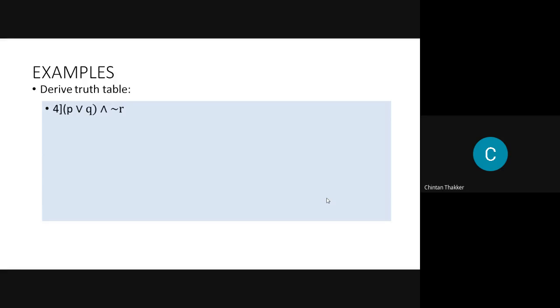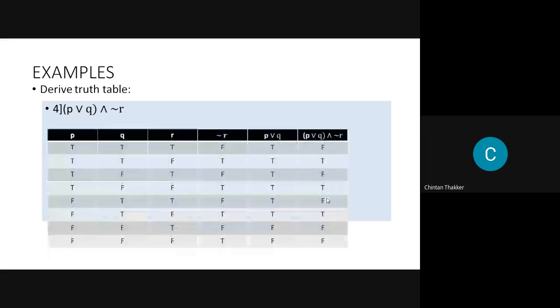Okay, first two F, then T, then F, T, F, T. Divyansh, the last two F are there. I think you have missed them. This is the truth table.